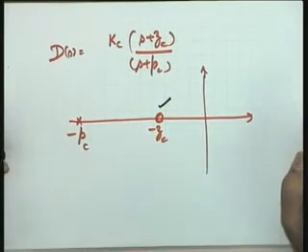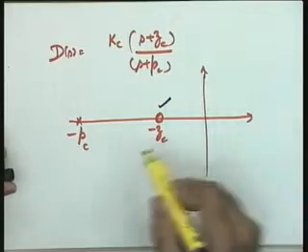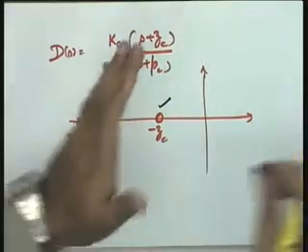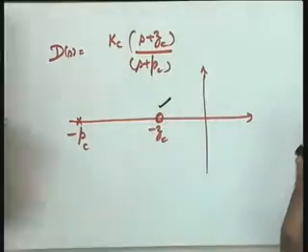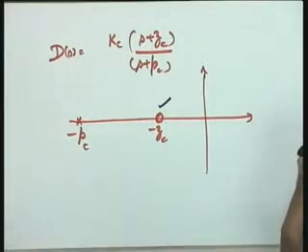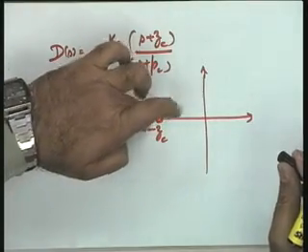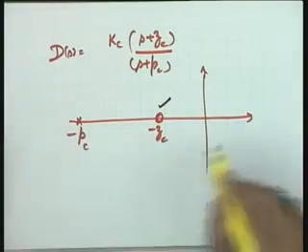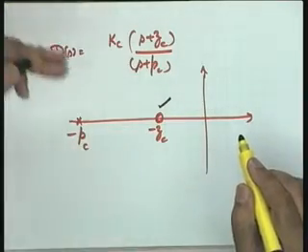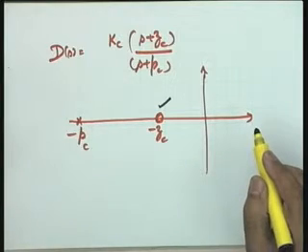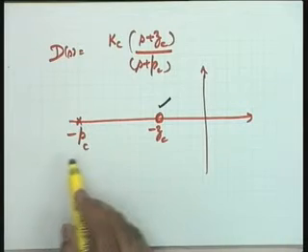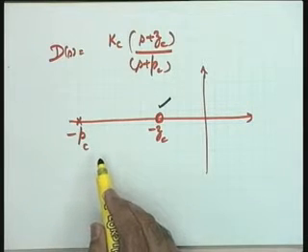The zero at s equal to minus zc corresponds to the derivative action, and the total root locus plot is being pulled to the left half of the plane because of this zero at s equal to minus zc. The additional pole is coming because of the realization and noise attenuation requirements. High frequency noise will be attenuated because of this filter, because of this pole at s equal to minus pc, as we have seen.